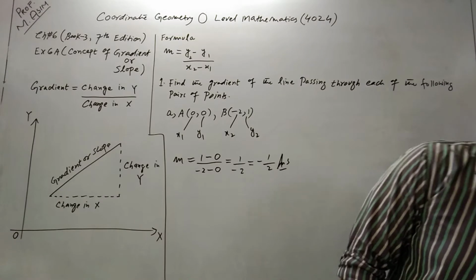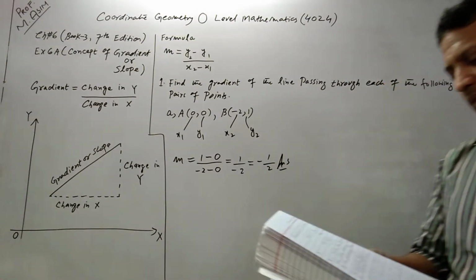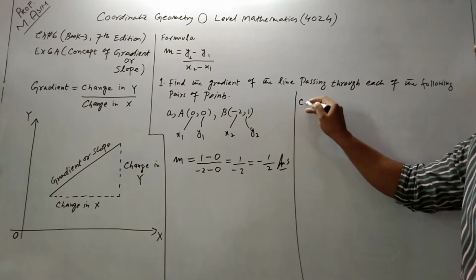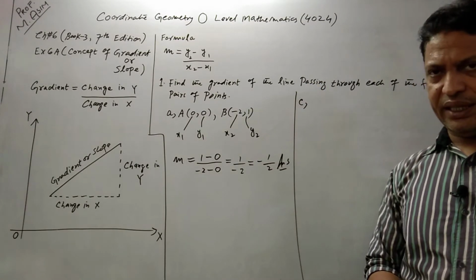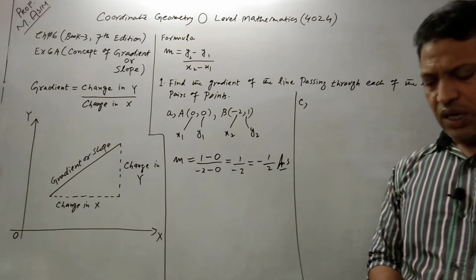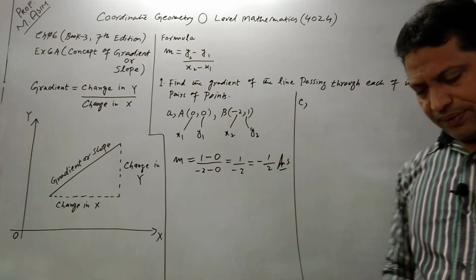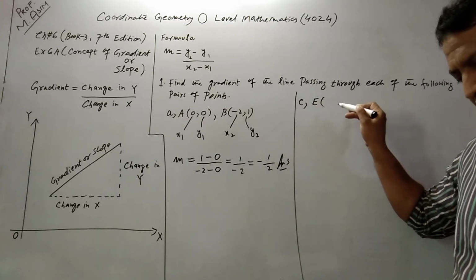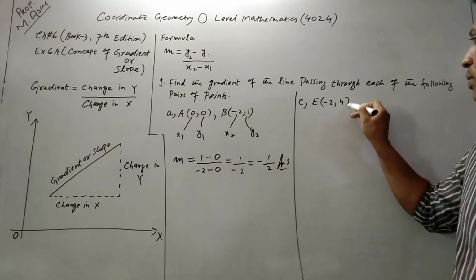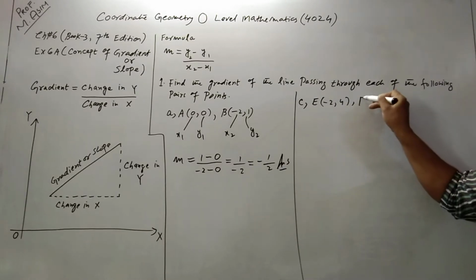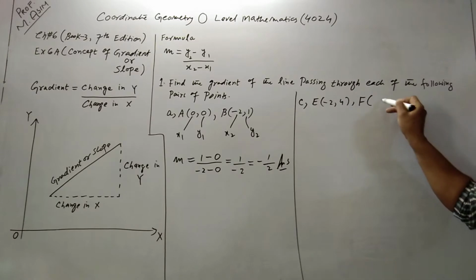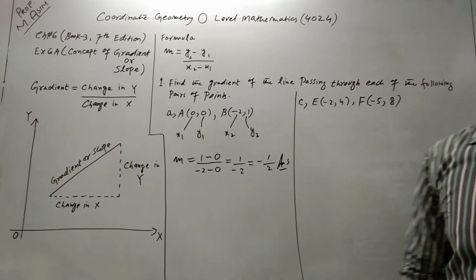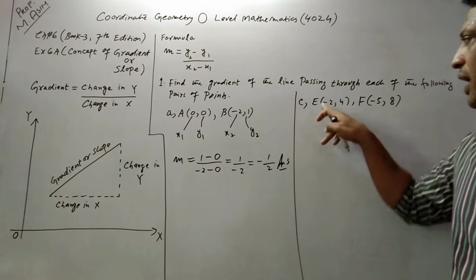See another part, part number C. There are 5 parts in this question number 1, and you have to do all parts. Part C is E (-2, 4) and F (-5, 8), and you have to find the gradient of EF.